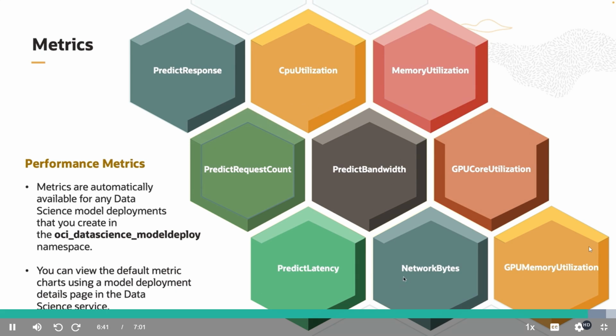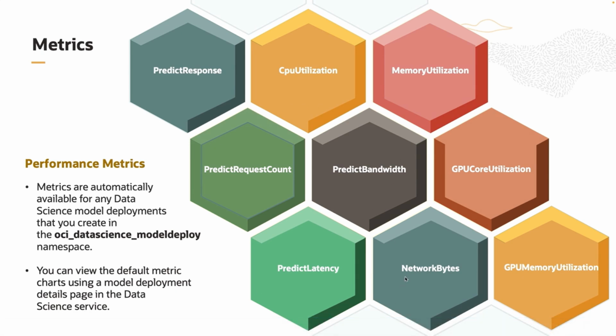And these are the different metrics. So again, as I said, you can use CPU utilization or memory utilization, or you can define your own custom metrics where you are free to choose any of these metrics.